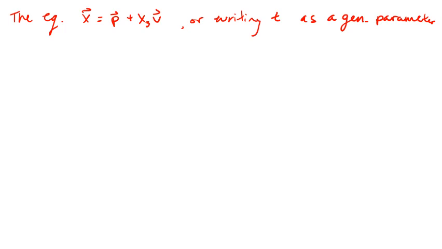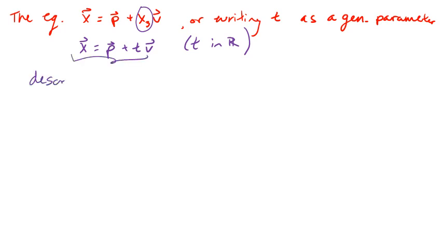I'm basically going to replace this with t, where t is in the reals. So this describes the solution set of AX equals B in parametric form.